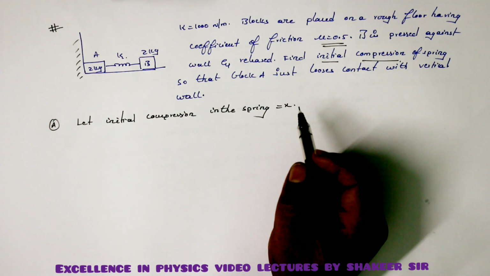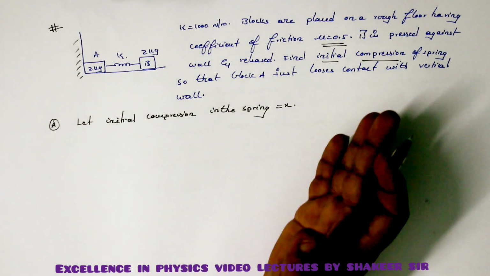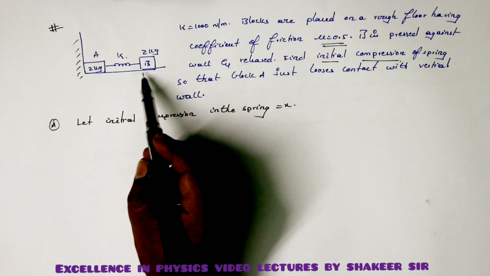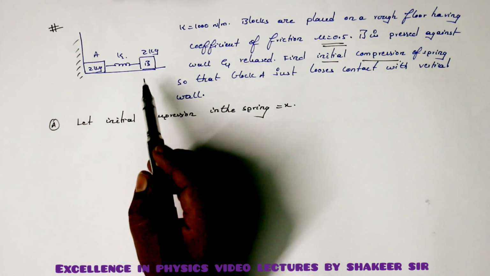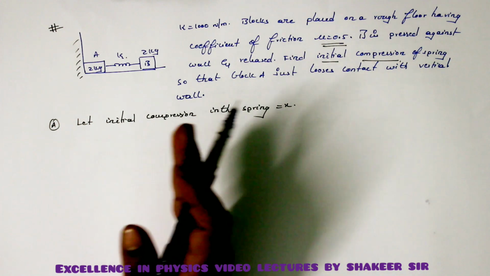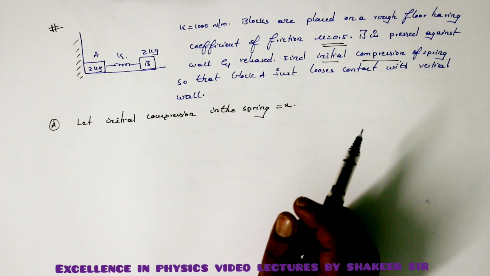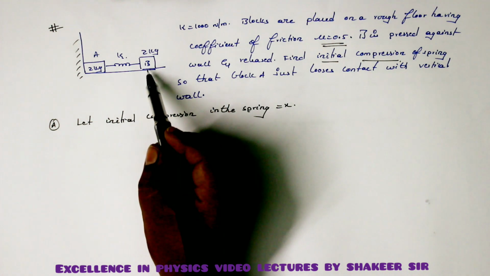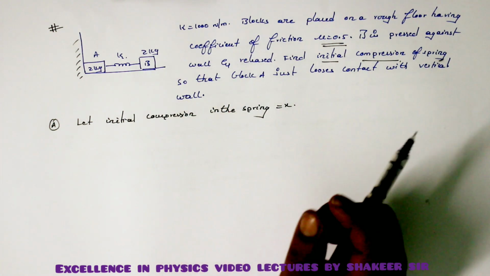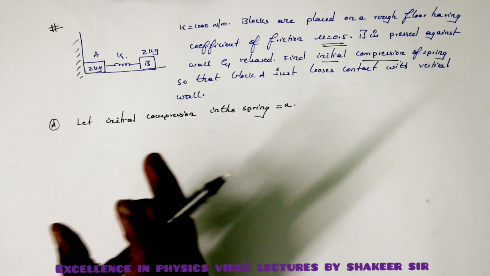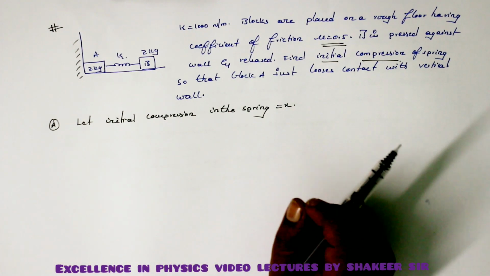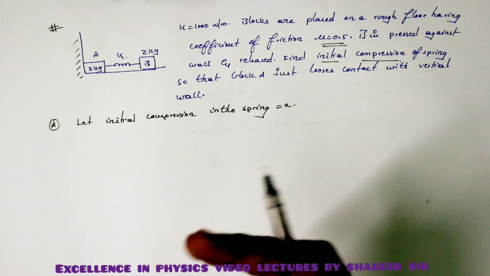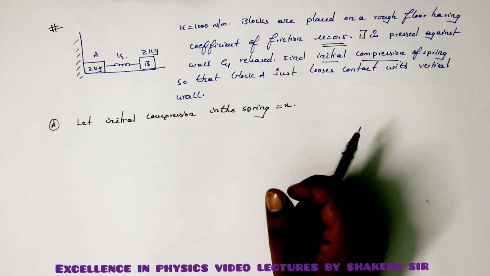After compressing by a distance of x, if I remove the deforming force, this block B will first go to the mean position, then it starts going to another extreme position because its velocity has not become 0. After coming to the mean position, its velocity becomes maximum. So because of that inertia, it starts moving to another extreme position. And now let us say block B has further moved by a distance of y.